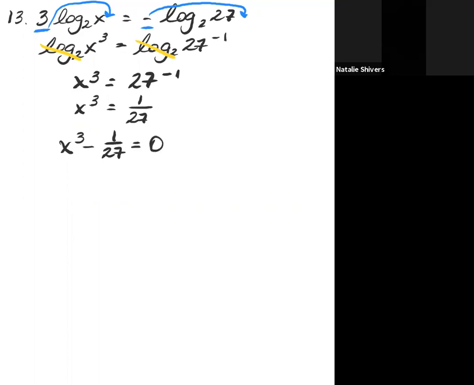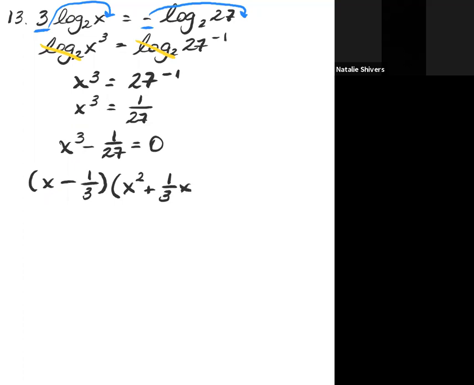Okay, and then we're going to do the difference of cubes. I said cubic trinomial, but the difference of cubes is what I wanted. So we get the cube root of x cubed is x. The cube root of 1 over 27 is 1/3. We square the front term. We multiply the two terms together with a plus.